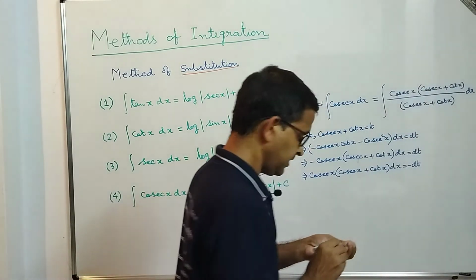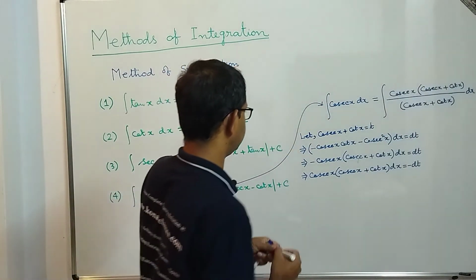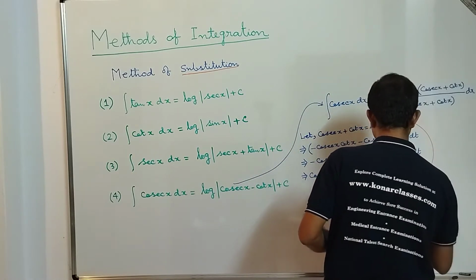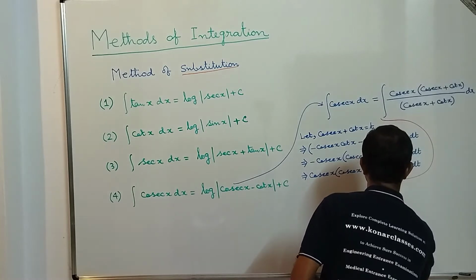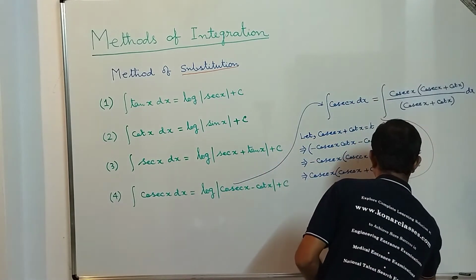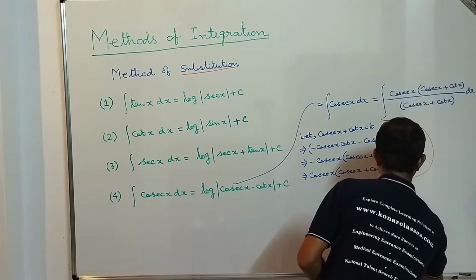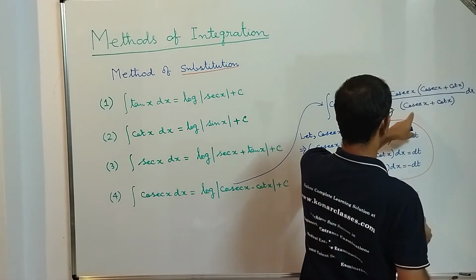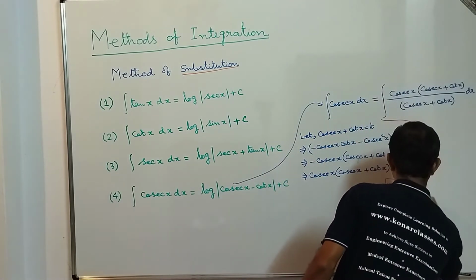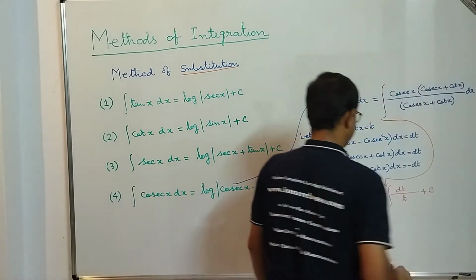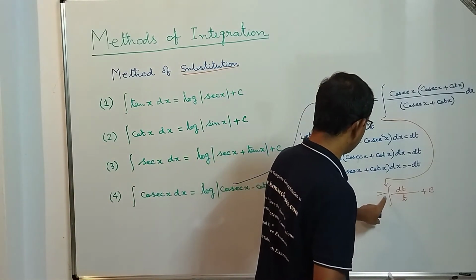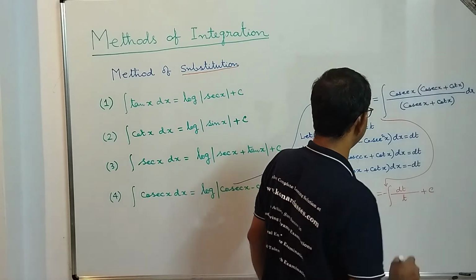So now if we apply that value here, what are we going to get? From here I can write: this is equal to the integration of minus dt divided by cosec x plus cot x, which is t. So dt by t, plus c.